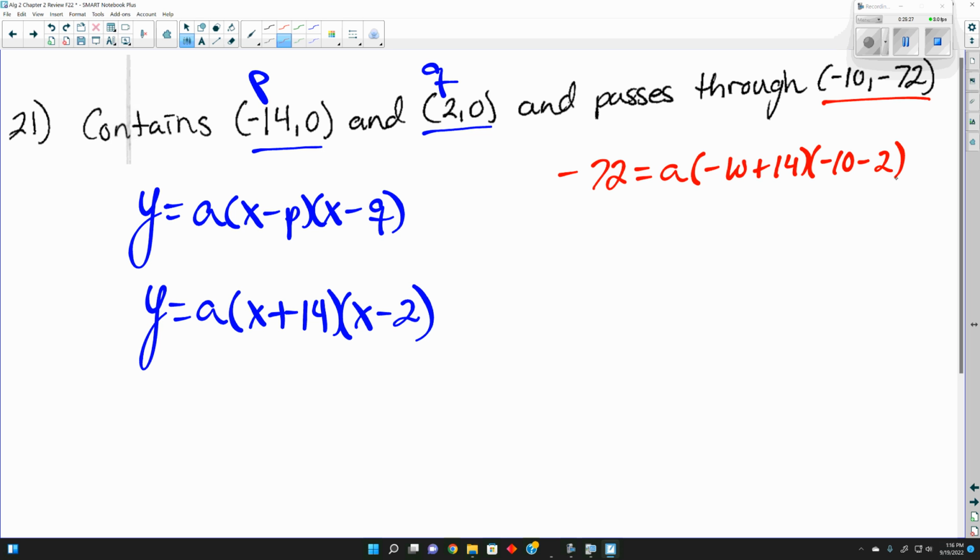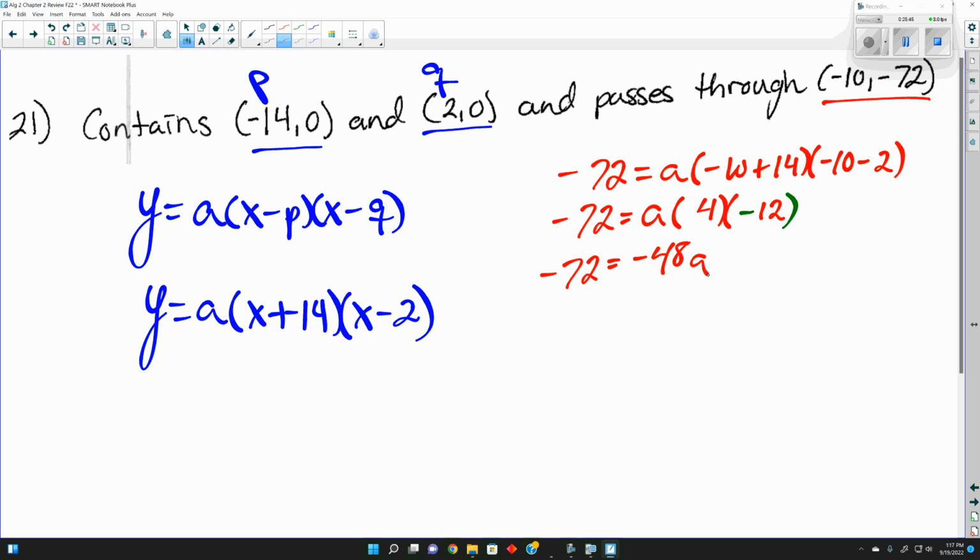At this point, we can simplify. Negative 10 plus 14 is 4. Negative 10 minus 2 is negative 12. 4 times negative 12 is negative 48A.